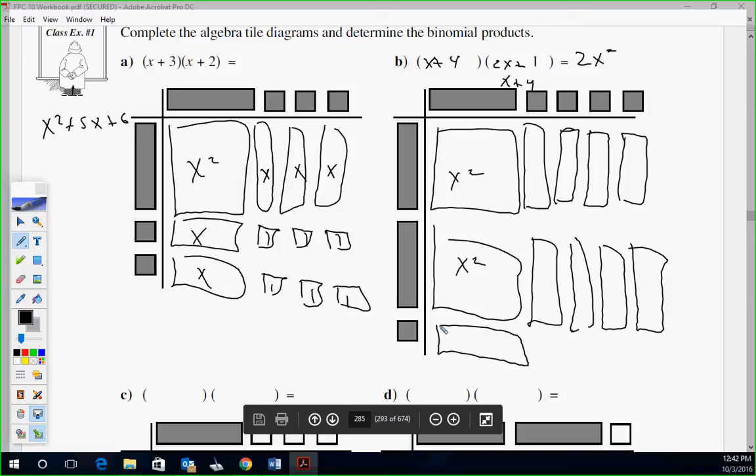So you can see we have 9 x's, and then we have 4 little squares. So that one's going to be 2x squared plus 9x plus 4.